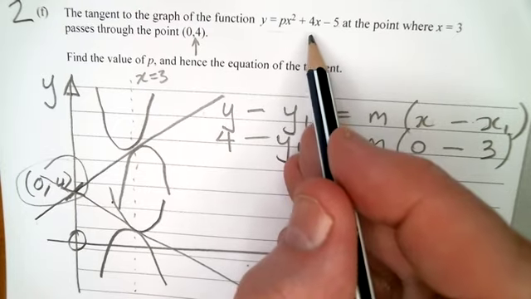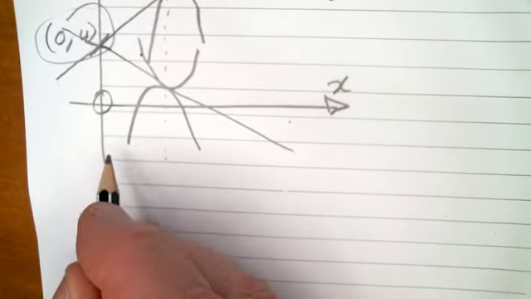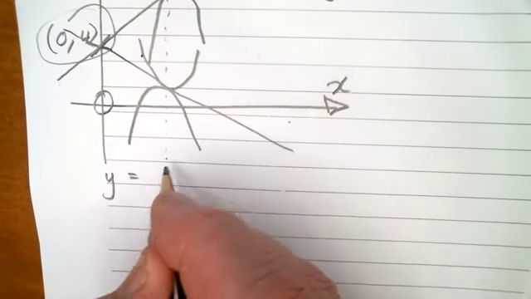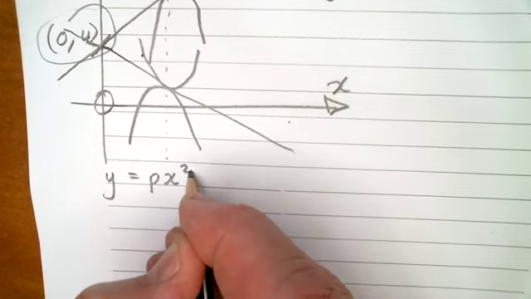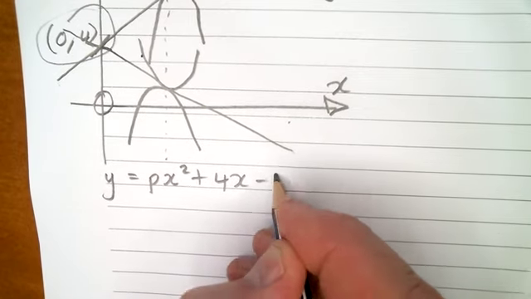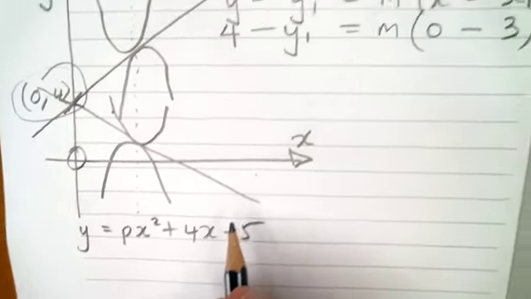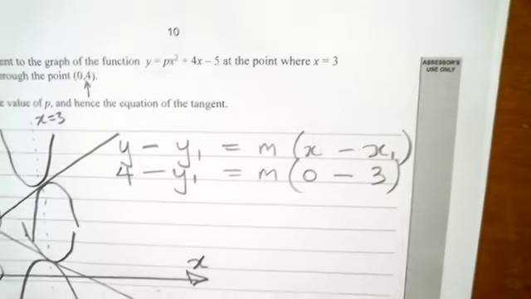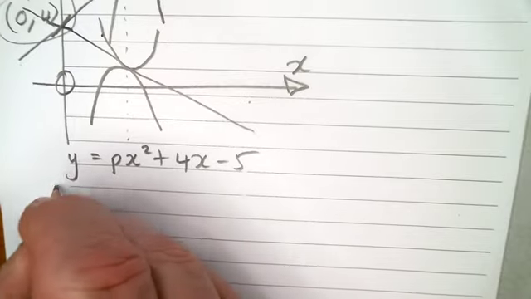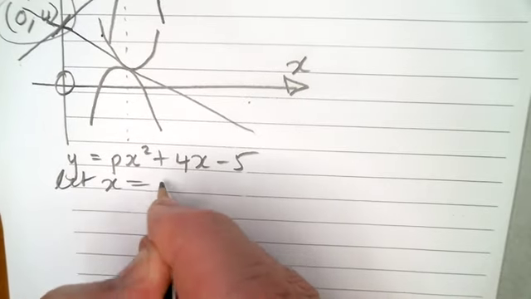Well, here's y. Let's write that in there. So I've got y is equal to px squared plus 4x minus 5. And we have a value, of course. We know it's going to pass through x is 3. So that must pass through this. So I'm going to say let x equals 3.